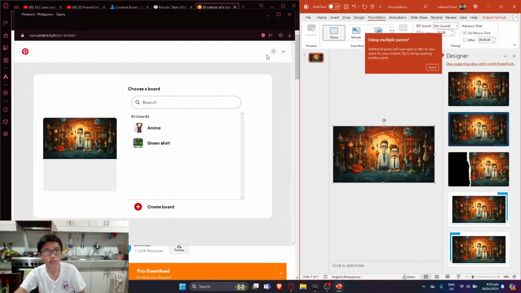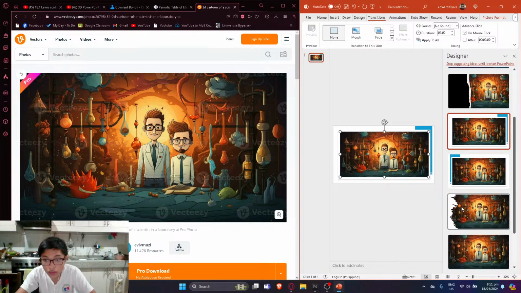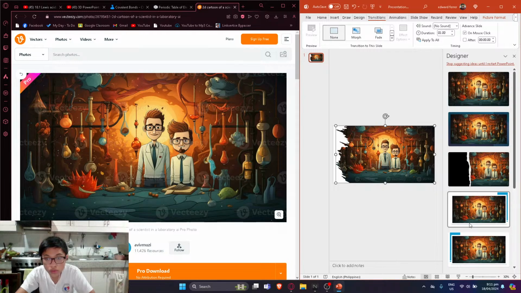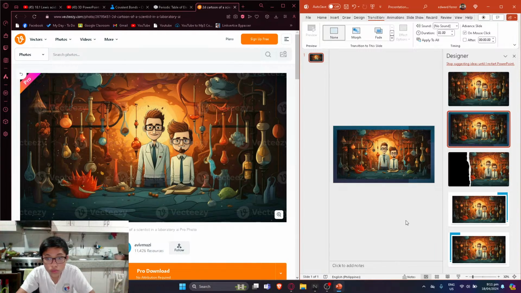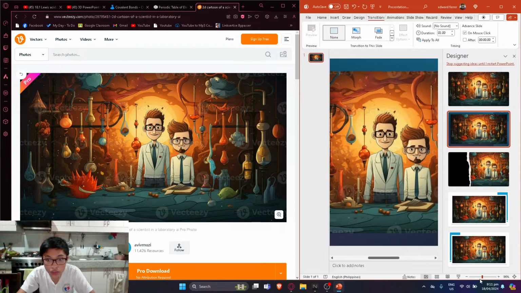Paste it in. Hmm, so it's asking me if I want to do something. This effect's cool. Wait, this is in fact cooler.